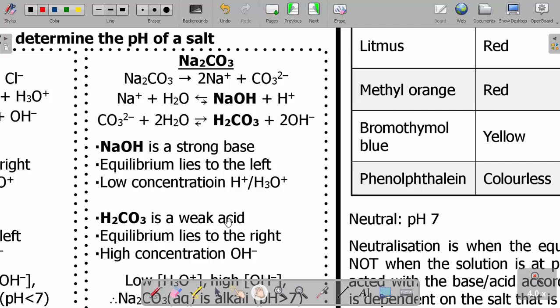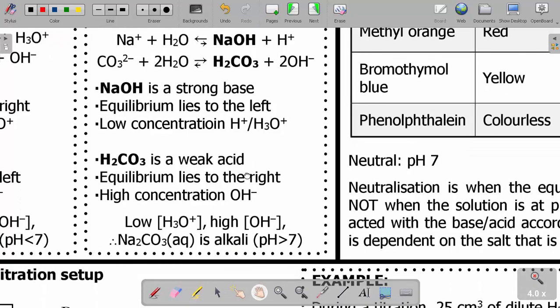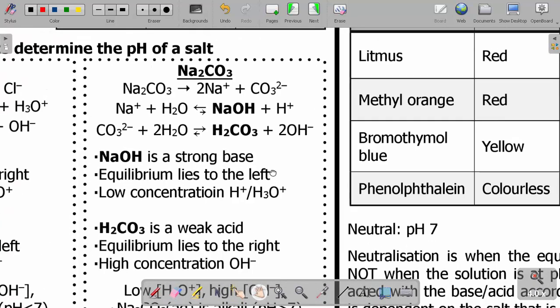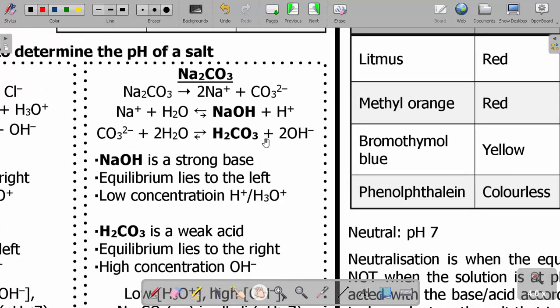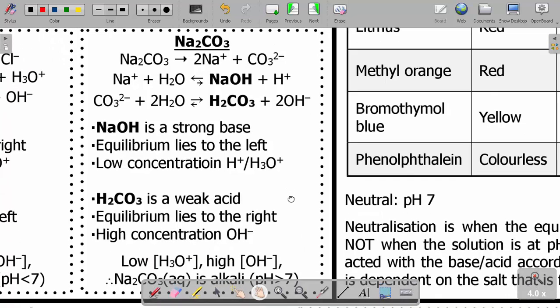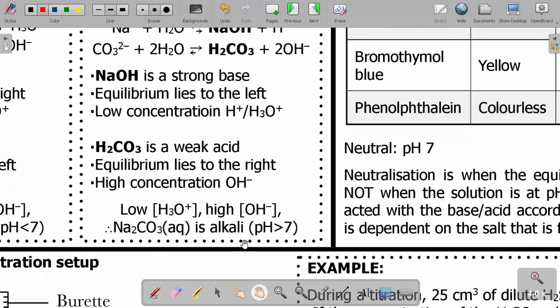So for that matter, I'm going to have a high concentration of OH ions. You can say why? Because for this reaction, my equilibrium lies to the right, because this is a longer arrow, meaning that I'm going to have a higher concentration of OH ions, and because of that, I am going to have my pH bigger than 7 and hence alkali.